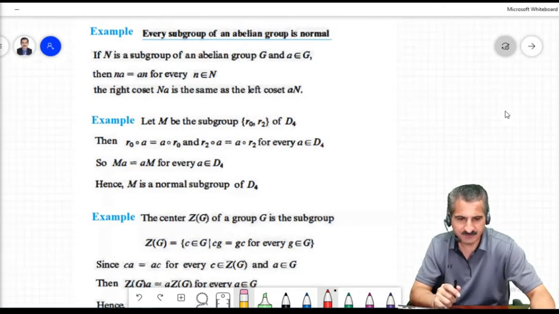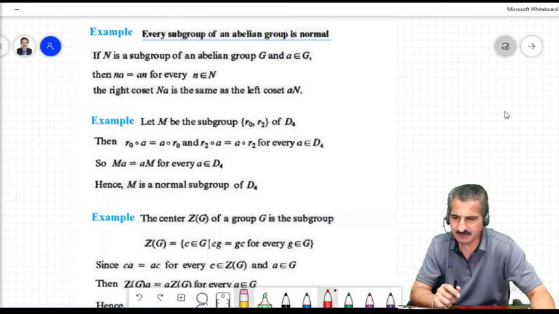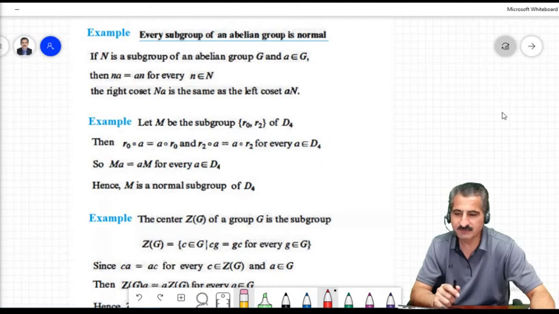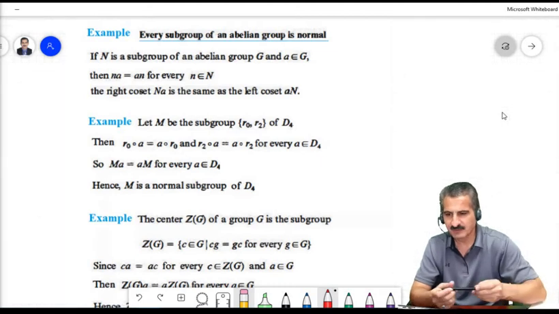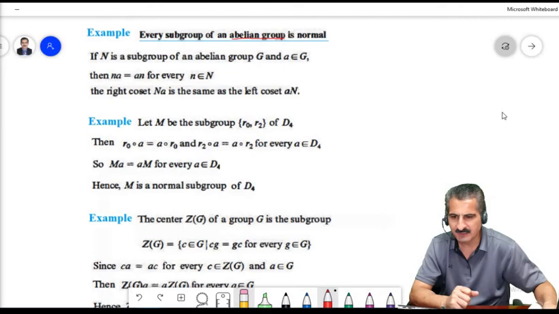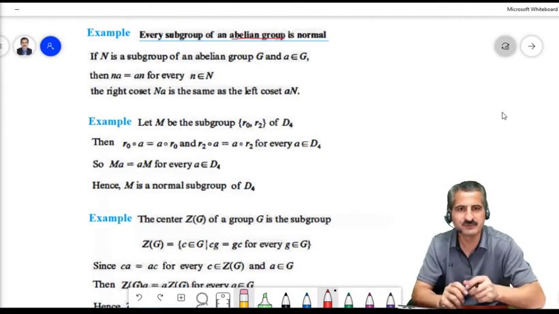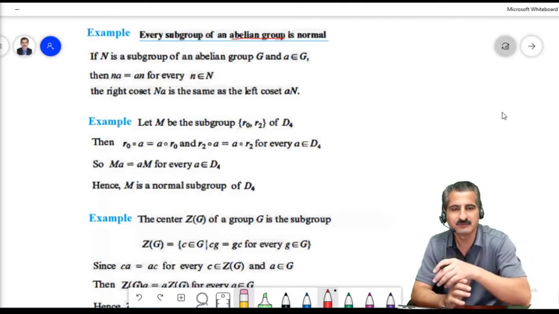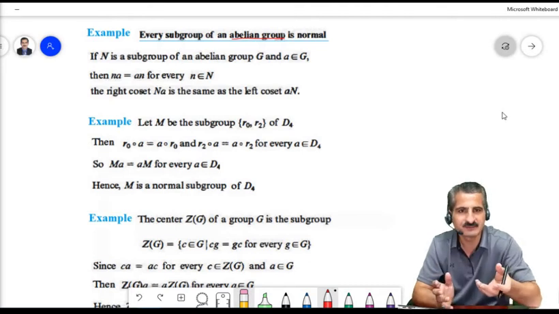Now, after we define the normal subgroup, we will work out some examples on normal subgroups. Intuitively, every subgroup of an abelian group is normal. If we have an abelian group, that means all elements commute with each other. That means multiplication from the left or from the right will give the same result. That means the left coset and right coset are the same.